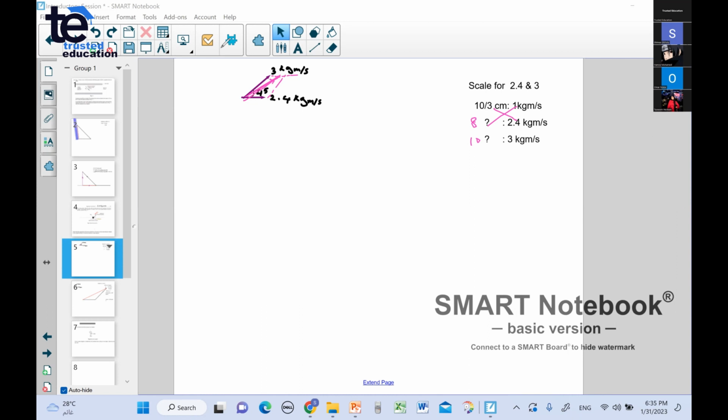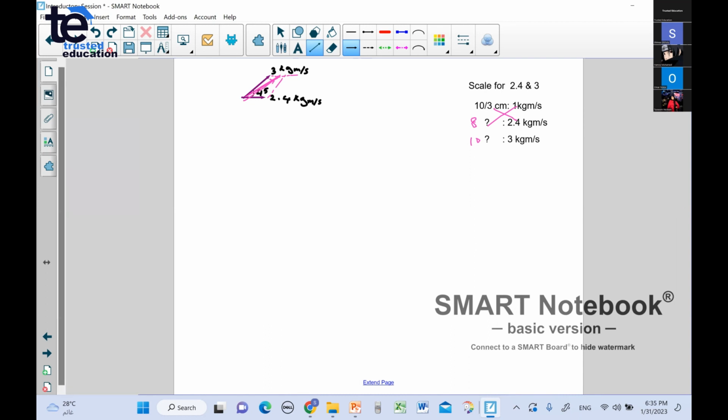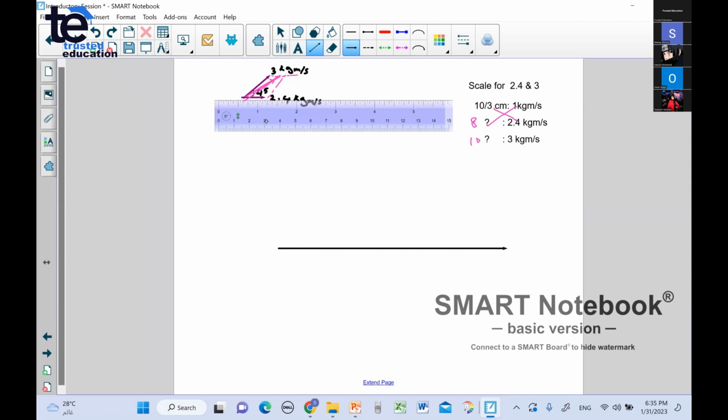So first of all, I need to draw here. The first vector is 2.4 here to the east. So I will start drawing a vector to the east. Then I have to measure it exactly, 8 centimeter.